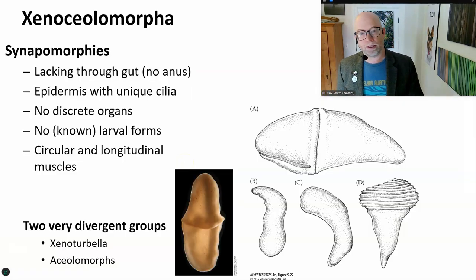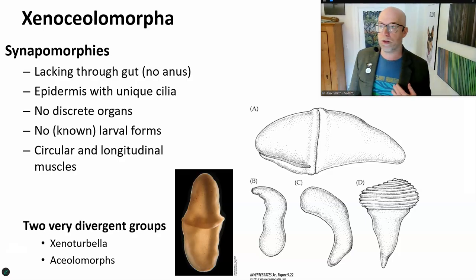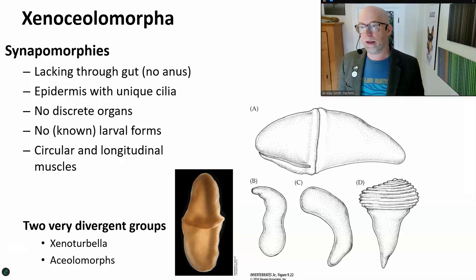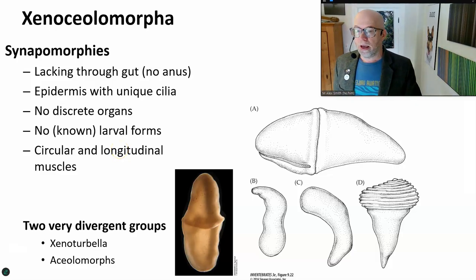This is my distilling of some of those high points. The synapomorphies are that they have no gut, no anus, unique cilia along the epidermis, no discrete organs, no known larval forms, and are comprised of two very divergent groups. I've nodded to this already: the Xenacoelomorpha, which is this, and the acoels, which are some of these.